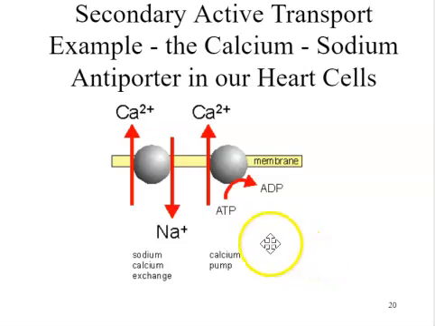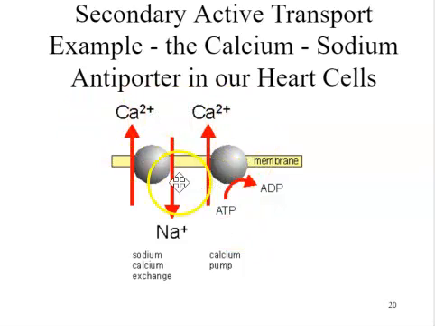I warned you. So we hydrolyze an ATP, and we pump 2 calciums out, and we bring 1 sodium in. And the accumulation of 2 calcium ions on the outside, especially because they have a 2+ charge and the sodium only has a 1+ charge, gives you 4 pluses on the outside and 1 plus on the inside.